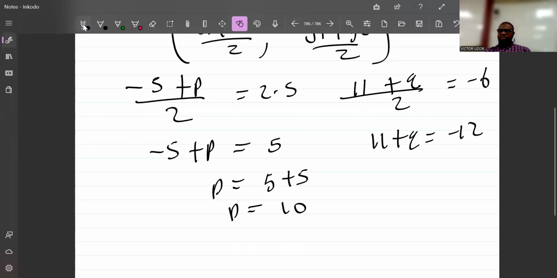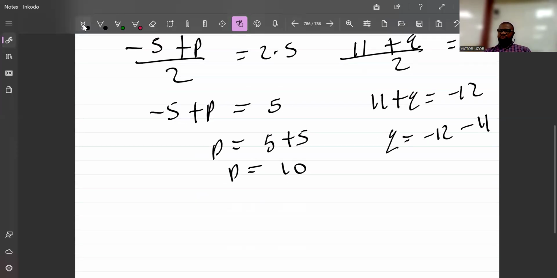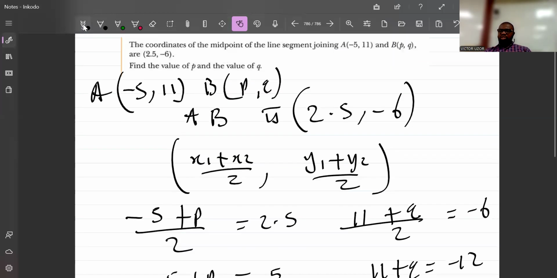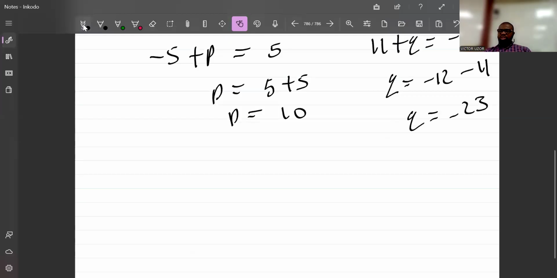And then you have Q equal to minus 12 minus 11. So your Q will be equal to minus 23. So you can now say the B will be (10, minus 23). And that's it. That will be your Q.